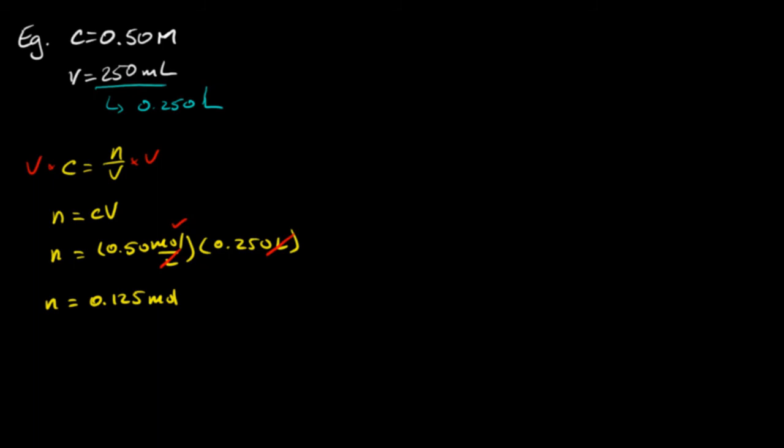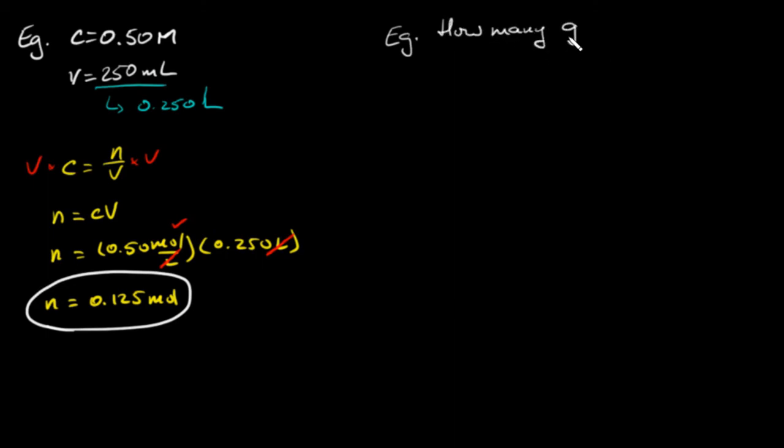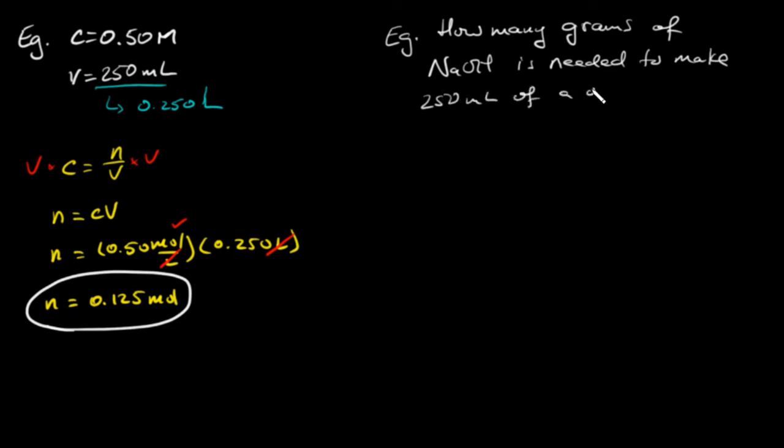So if I wanted you to then take this number from our just solved question, I would then ask you something along the lines of maybe how many grams, or maybe what mass of sodium hydroxide is needed to make 250 milliliters of a 0.50 moles per liter solution.